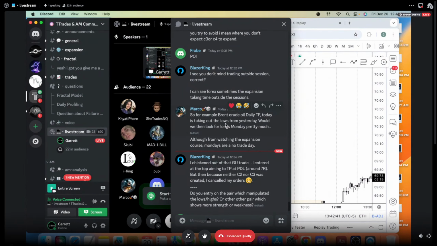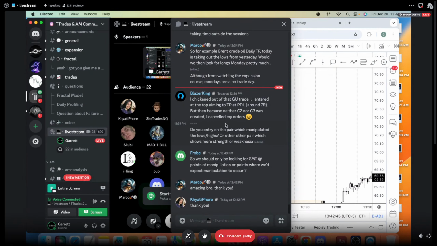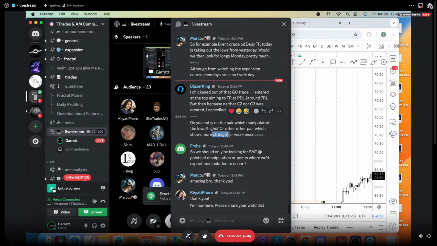I chickened out of GU trade. I entered at the top end for TP at previous low around 7 off. But then because he traded, do you enter on the pair which manipulated these lows? I mean, ideally, when I enter, if I'm going to be bullish, I want to enter the stronger pair, right? But on the weaker pair, you want to see that willingness to trade away from the low.